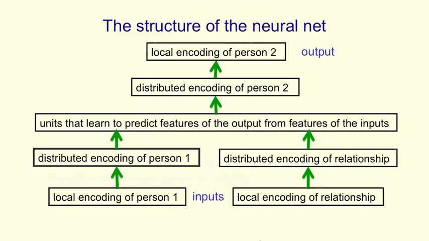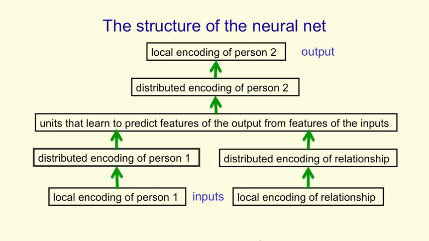By using a representation in which exactly one of the neurons is on, we don't accidentally give the network any similarities between people. All pairs of people are equally dissimilar. So we're not cheating by giving the network information about who's like who. The people, as far as the network is concerned, are uninterpreted symbols.